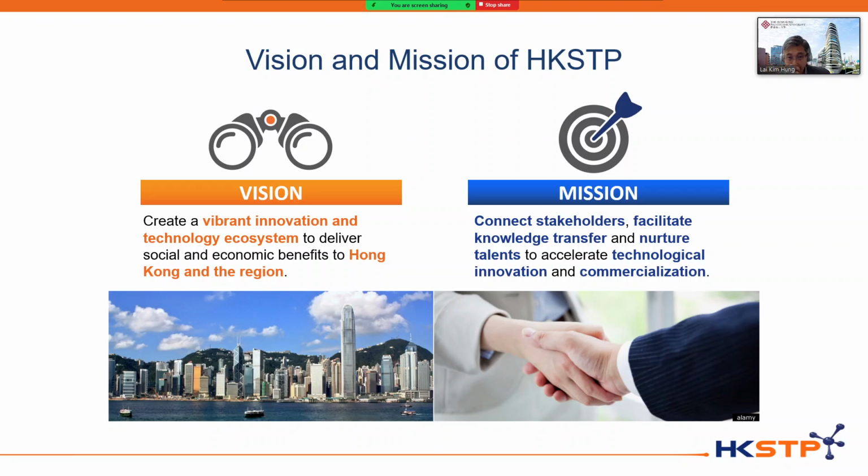So I show you some examples in the Science Park, vision and mission. Before I leave Science Park, this is old now, I don't know the new one, but when I served Science Park, we used this vision: to create a viable innovation and technology ecosystem to deliver social and economic benefit to Hong Kong and the region.